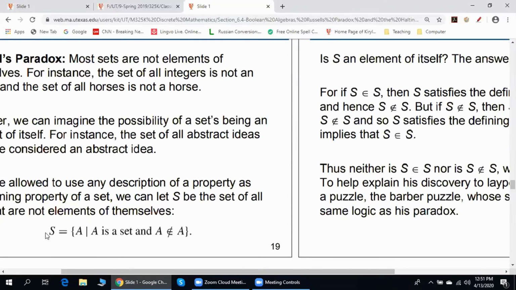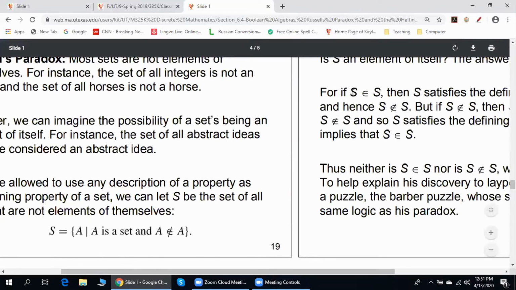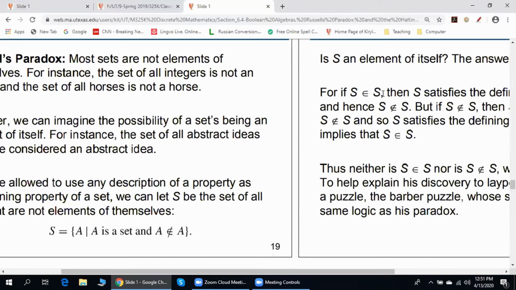Now, for set S, there are 2 possibilities. S by itself is an element of itself, or S by itself is not an element of itself. Now, in both cases, we get a contradiction.